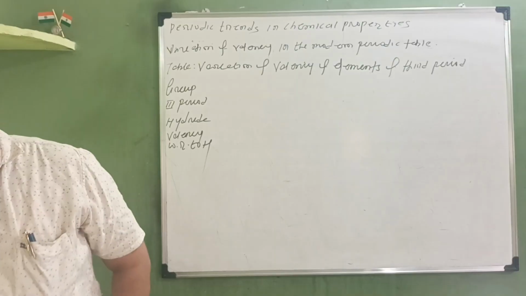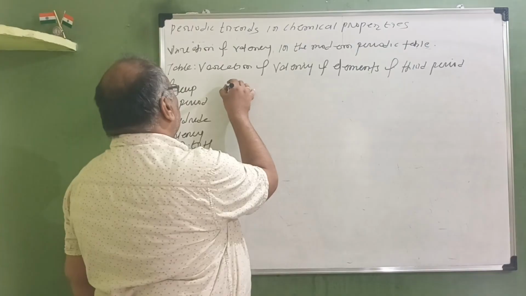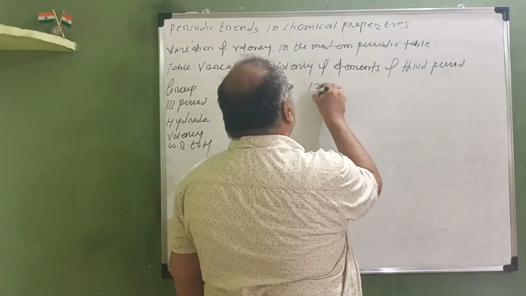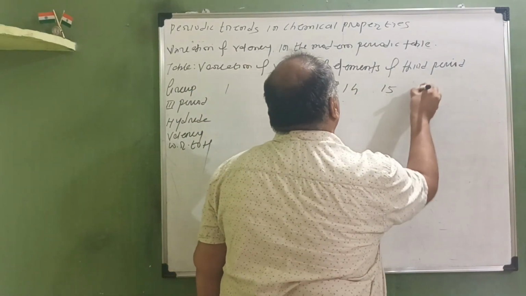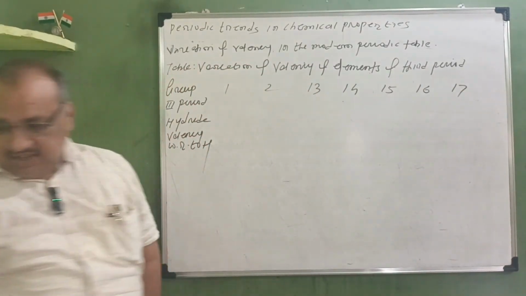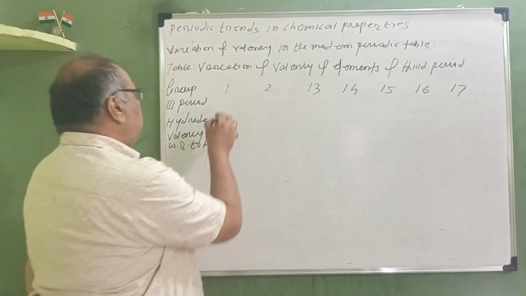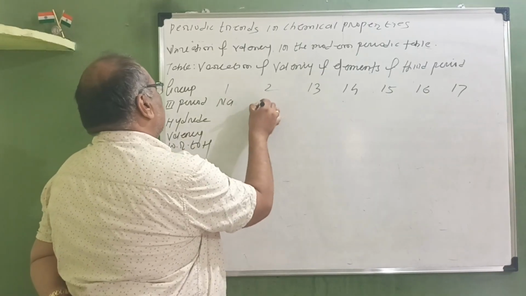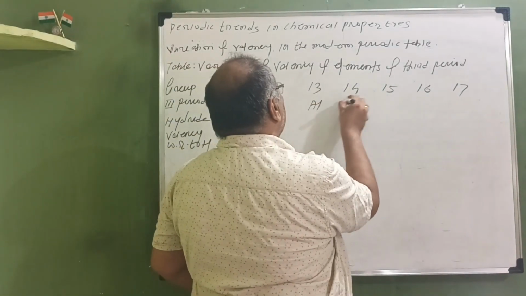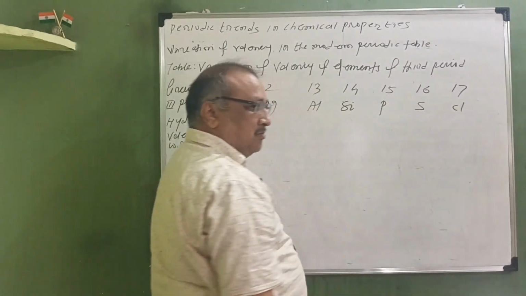Here first, second, 13, 14, 15, 16, 17. Elements: sodium, magnesium, aluminium, silicon, phosphorus, sulfur and chlorine.